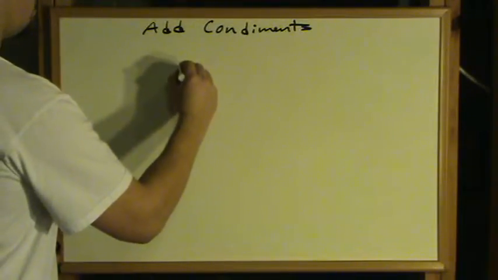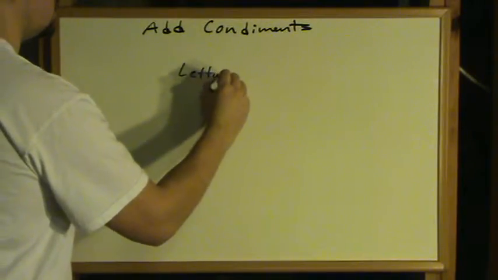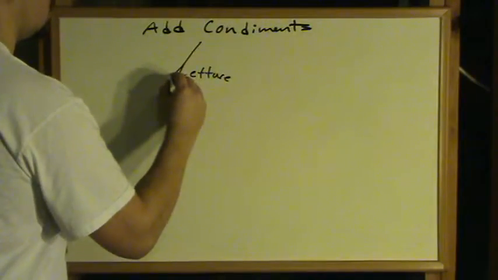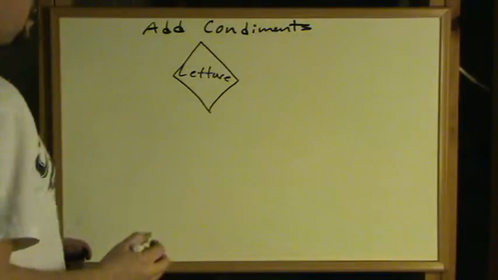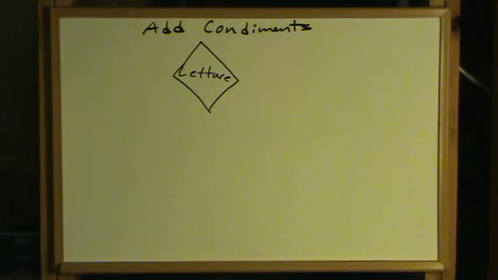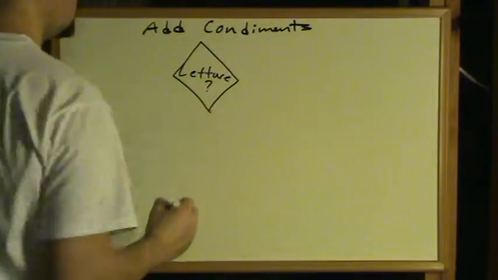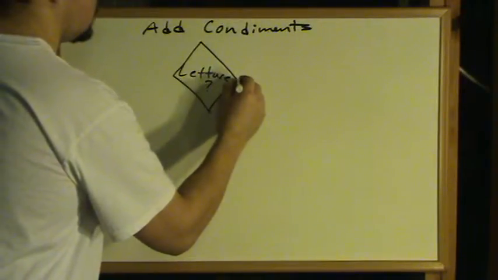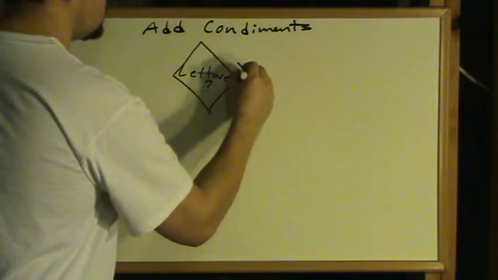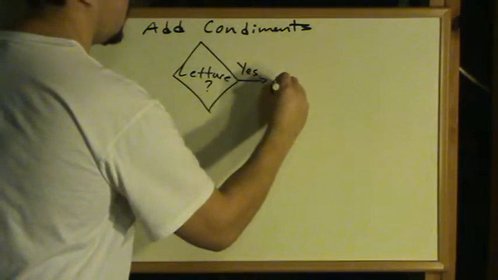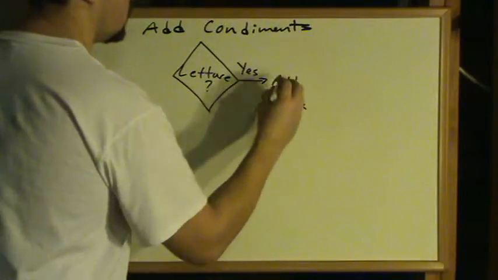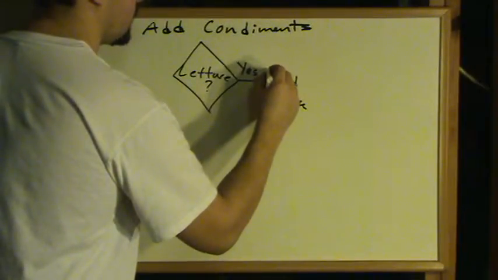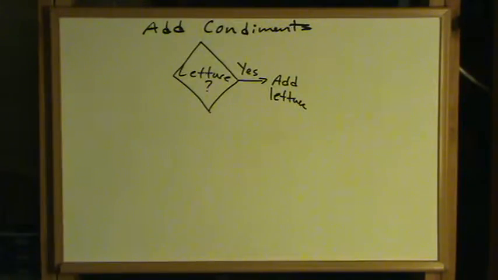So we'll just ask, are we going to add lettuce? So I'm basically combining the asking of the user and the decision making all in one block. So lettuce. If yes, then we'll add lettuce.